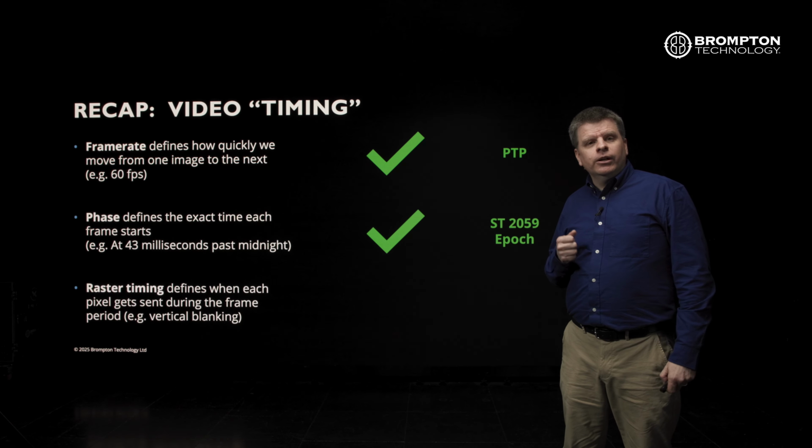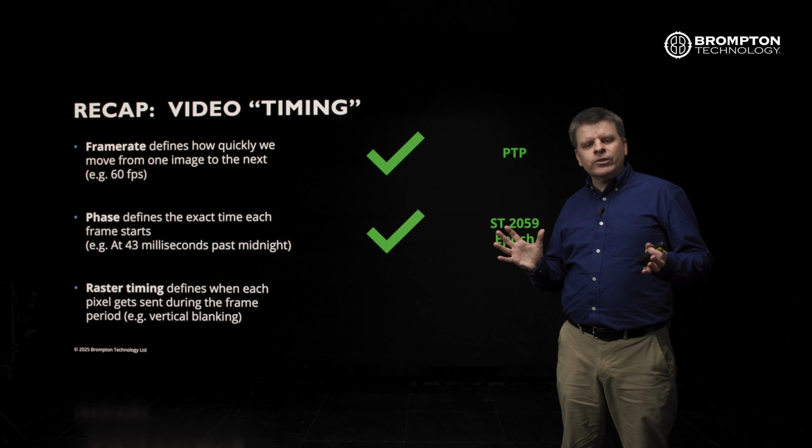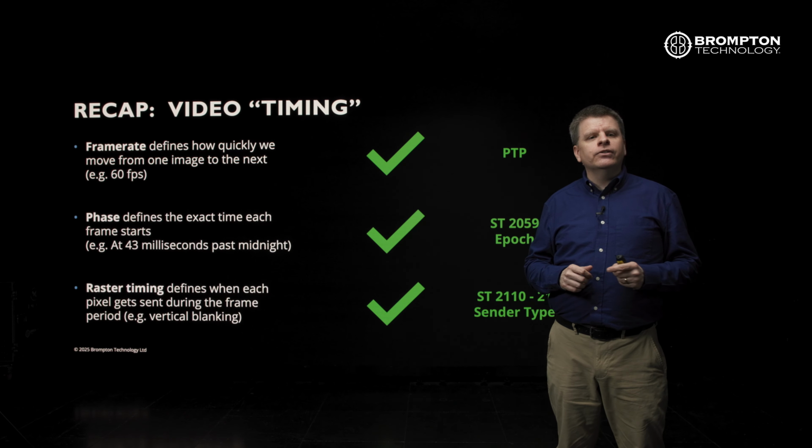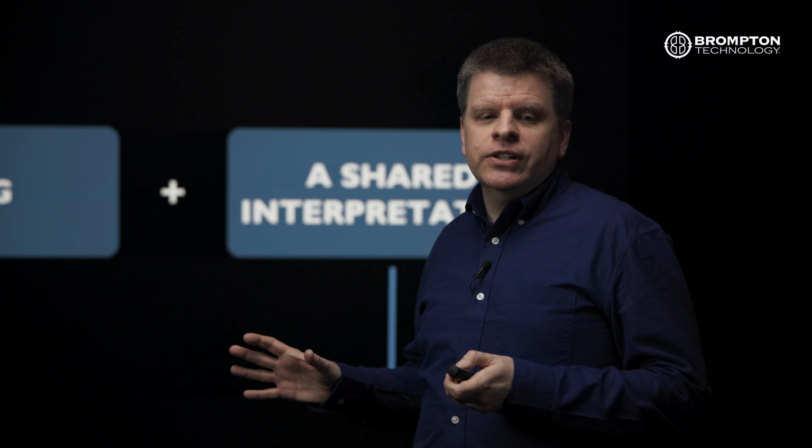And then there's raster timing, so within a frame period, when are we sending pixels, when are we not sending pixels, and that's all down to the 2110-21 sender types. Are we narrow linear, or are we a wide sender? So that gives us what we need in terms of our timing.